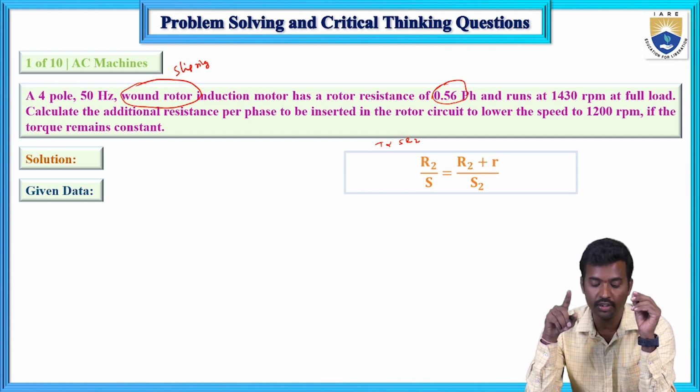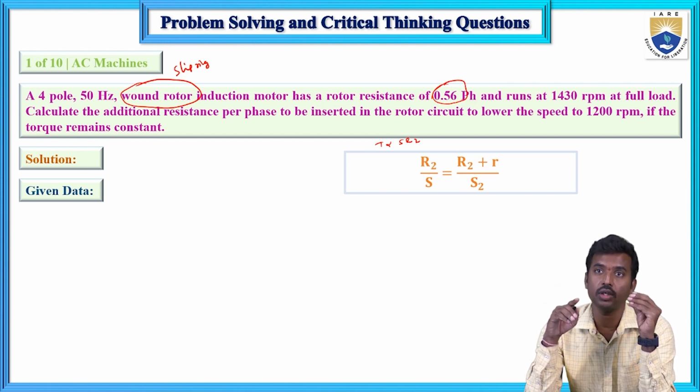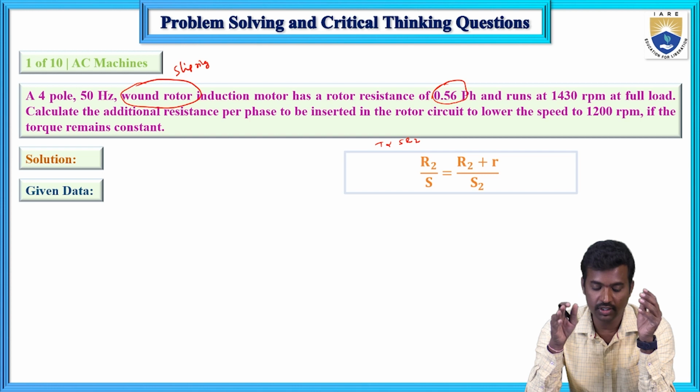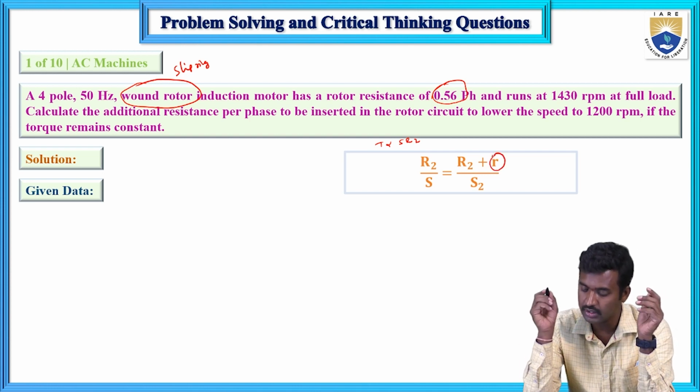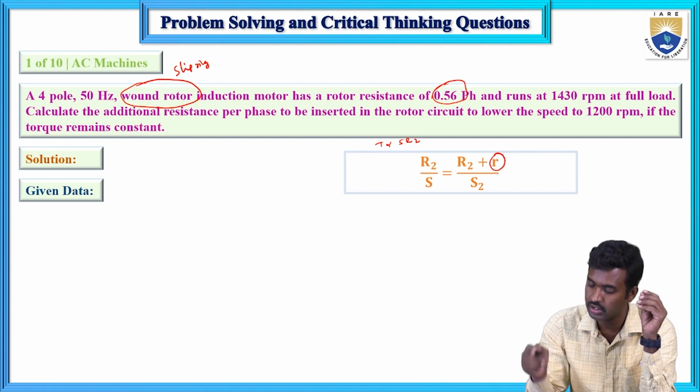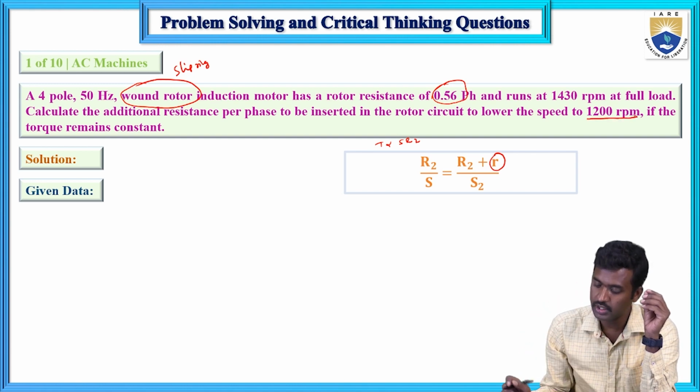In a wound rotor we can change the resistance value. In a squirrel cage induction rotor, the resistance cannot be changed, it is fixed. So if you insert some resistance, there will be a change in rotor speed.